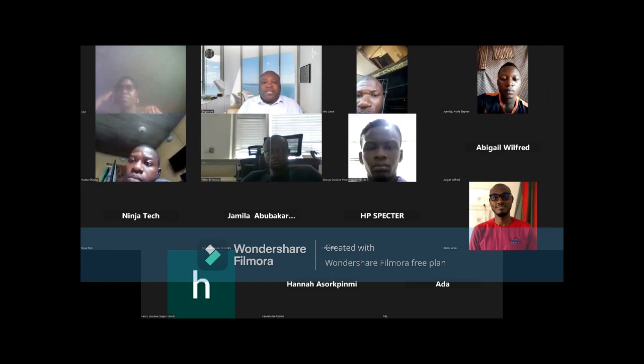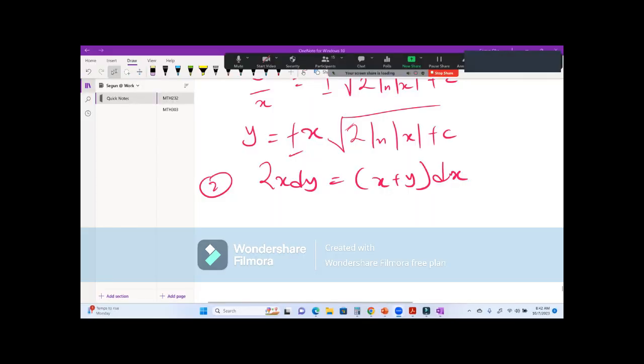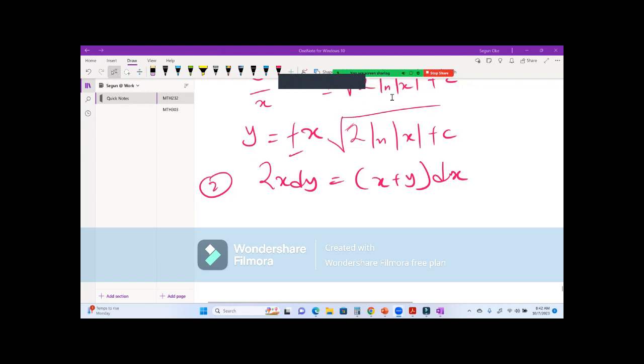So, as I was saying, if you look at this particular work, the question that I gave you says 2x dy equals x plus y dx. So how do we solve it? Anybody with an idea?